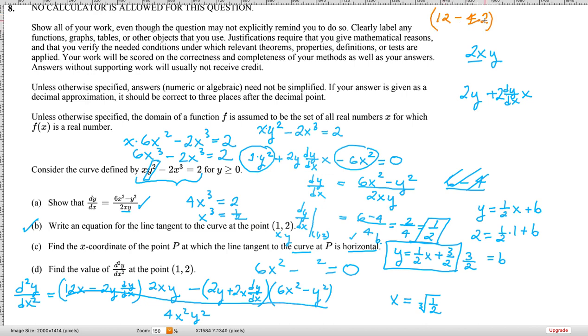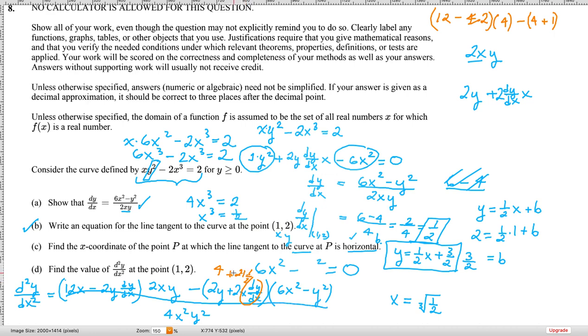So it's 12 minus 2 times 2 times 1 times 2 is 4, minus 2 times 2 is 4, plus 2 times 1 times 1/2 is 1. I'm going to do that again to make sure. 2 times 2 is the 4 plus 2 times 1 is 2, and then times 1/2 because I know that this evaluated at the point is just 1/2.